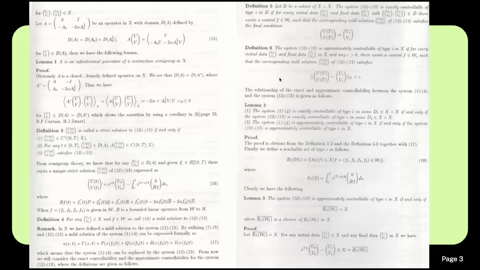This will come to lemma 2. Then we begin to define a reachable set of type I as follows, (18).